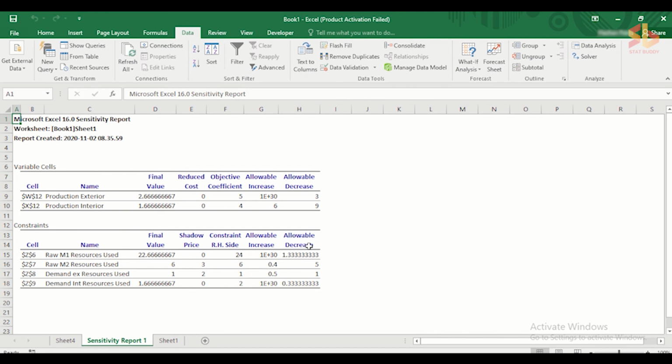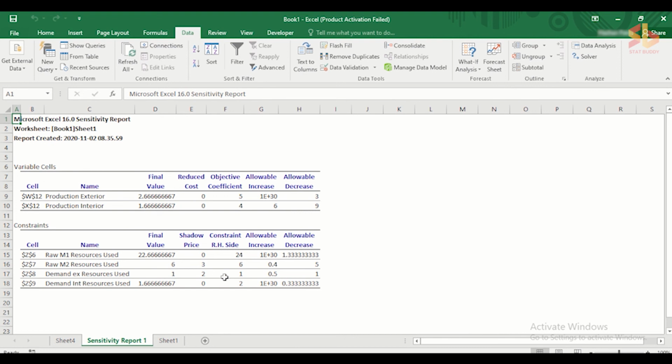And the lower limit of the interval is 6 minus 5, which is 1. So if we change the right hand side value of this constraint to any number between 1 and 6.4, we can expect a change in the total profit. If we change by 1 unit, the optimal solution will change by 3 units. So this 3 is valid only for the numbers between 1 and 6.4.